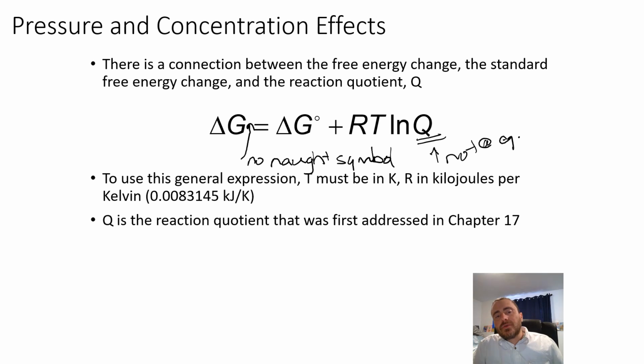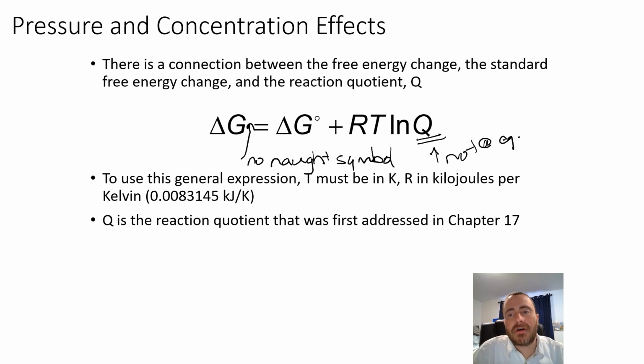All right, to use this equation, remember temperature has got to be in Kelvin. Please, as you're going through your next exam, do not forget to put your temperatures in Kelvin. It's a simple mistake that can get you a lot of points off if you don't do that, especially in this chapter.